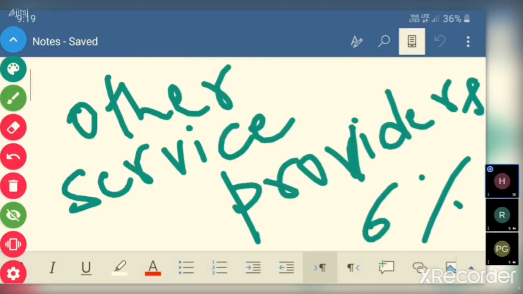Tax on input is not allowed to be set off. So 6 rupees they have to pay to the government. So three categories: one, manufacturers and traders, for which it is 1%; two, restaurants which do not supply liquor, for which it is 5%; three, other service providers, for which it is 6%.